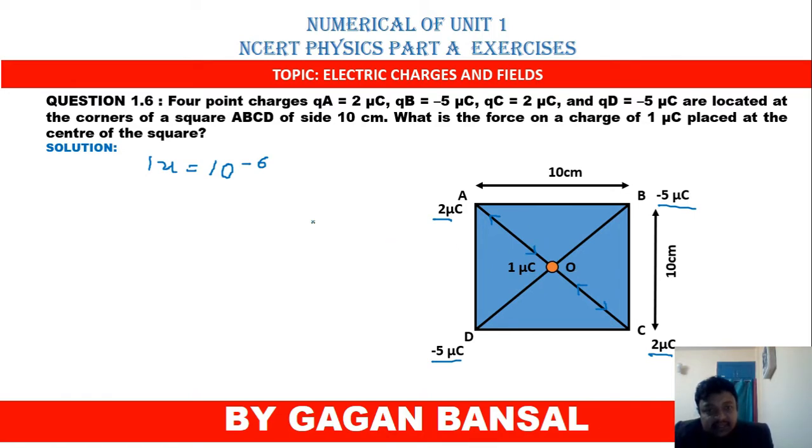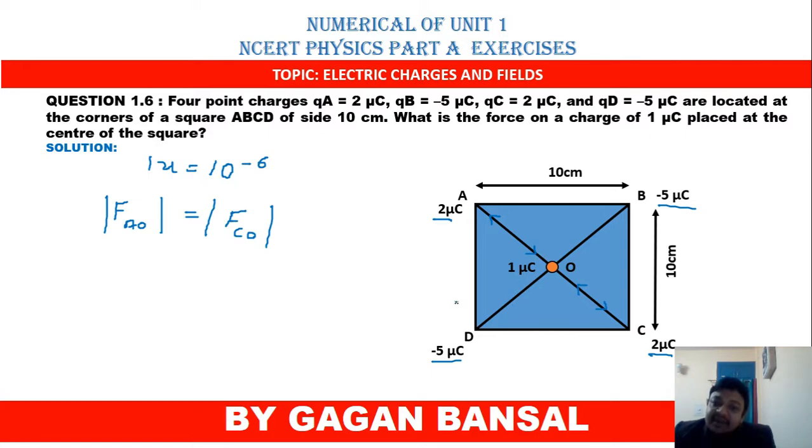That means force AO will be equal in magnitude to the force between CO. Both are repulsive and have a certain magnitude, but their magnitudes will be the same, so they cancel each other.